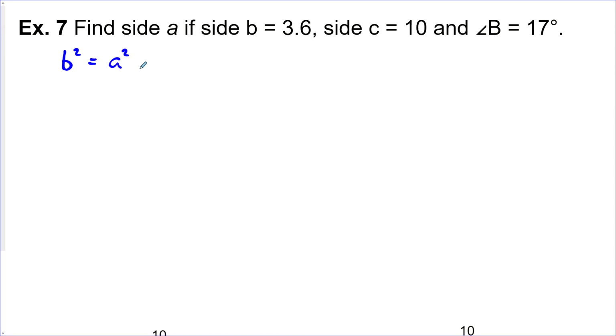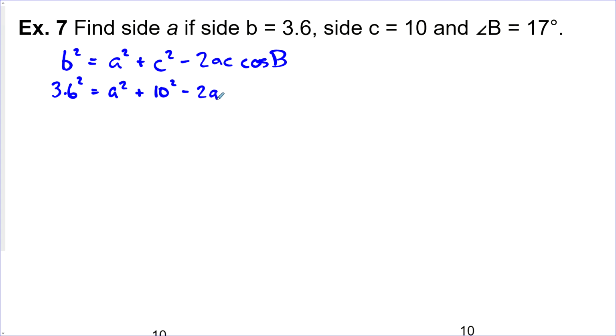So I'll say b squared equals a squared plus c squared minus 2ac cos B. Now fill in everything that I know. I know that B is 3.6. I don't know A here, and I know C. And I don't know A here again. So that's going to create an issue because then there's two of them. And then I've got cos 17 degrees.